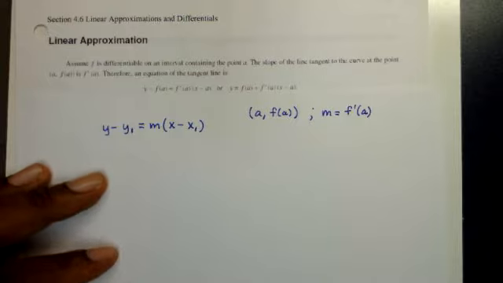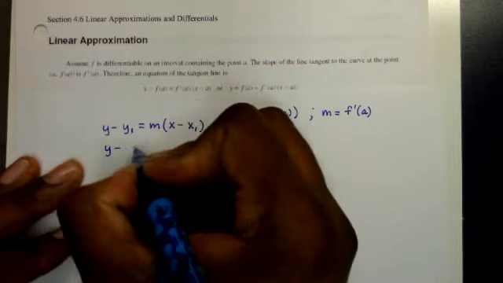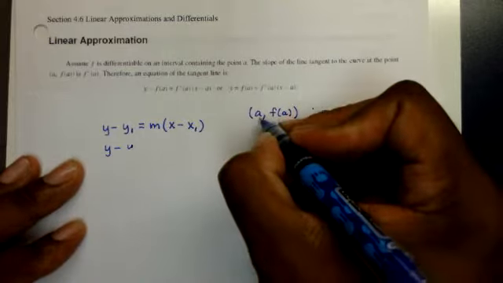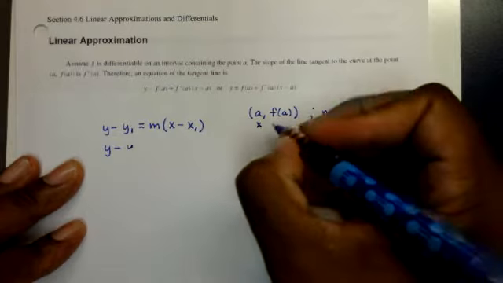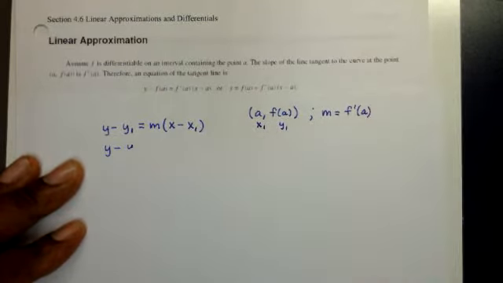So if I do some substitution here in this point slope form, I'm going to have y minus y1, which in this case is f of A, because here A is x1 and f of A is y1.